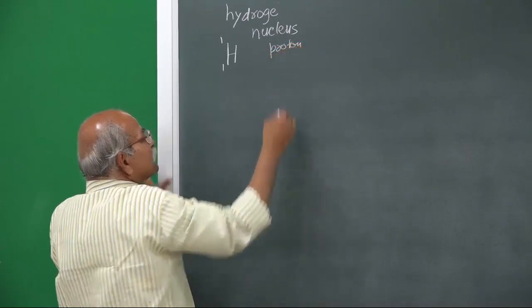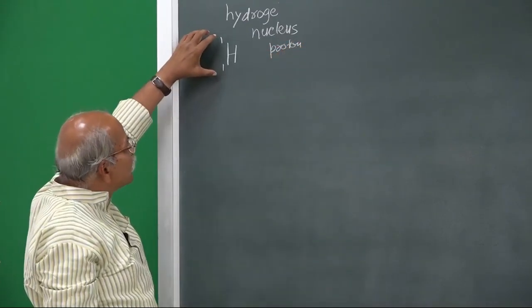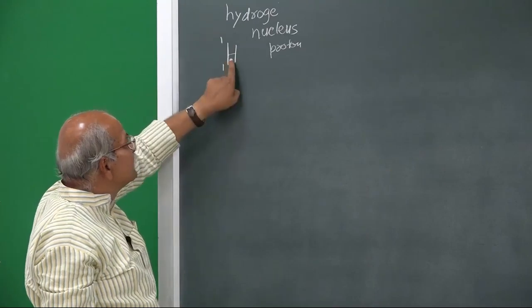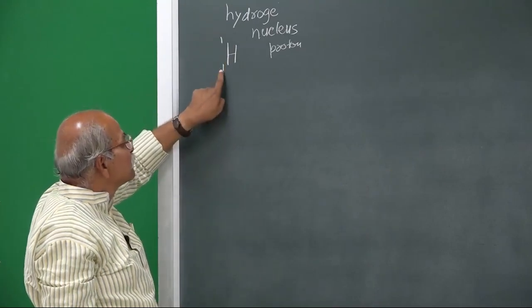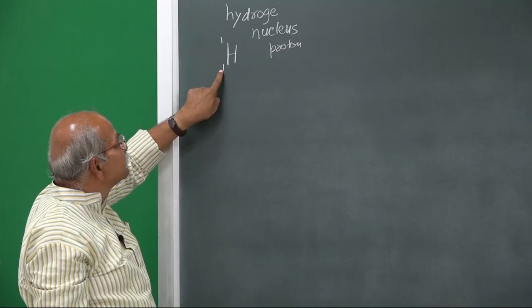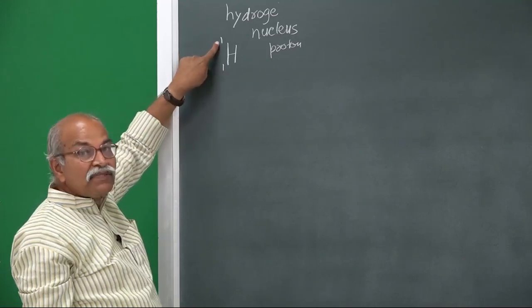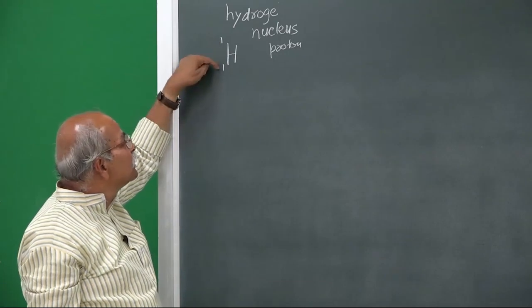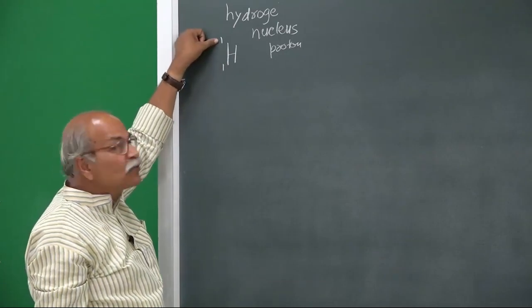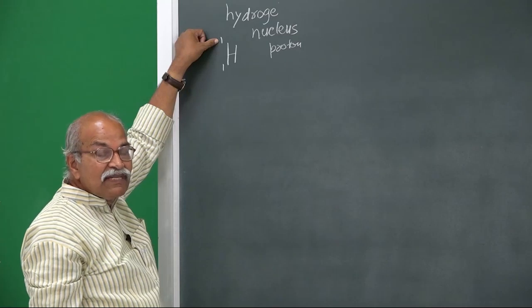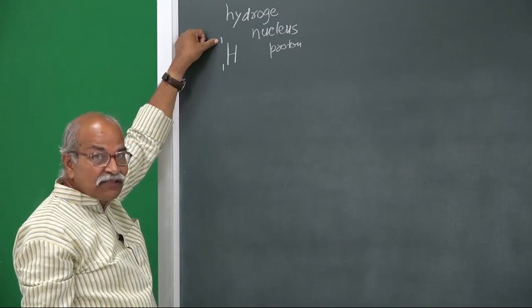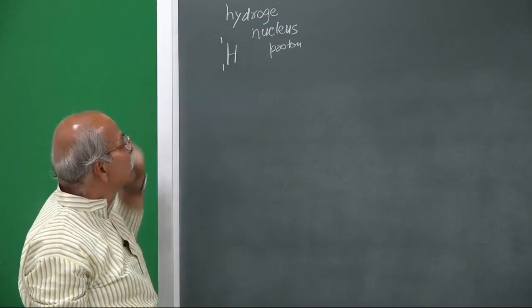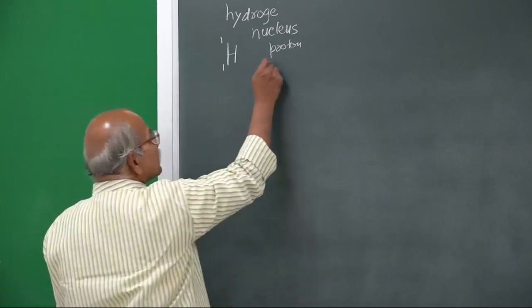That is how we write a nucleus: here is the name, this is the number of protons, and this is the total number of protons and neutrons. So, there is no neutron. The number of protons is the same as the total number of protons and neutrons. We collectively call them nucleons. So, this is a hydrogen nucleus, or just a proton.